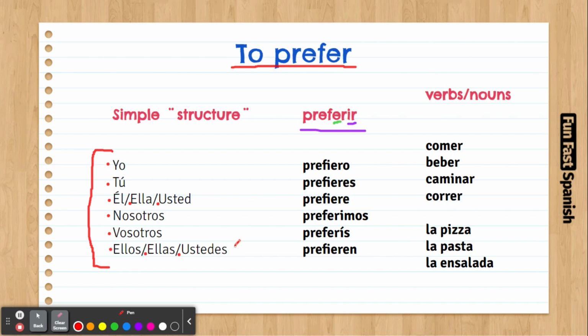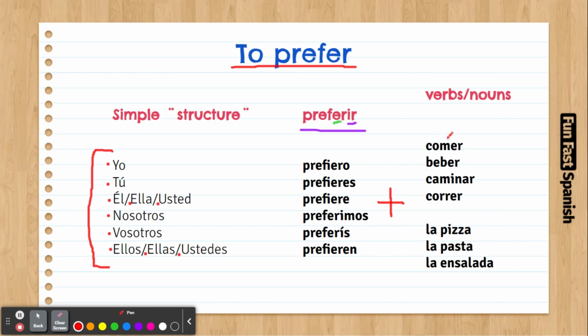That's it. After you prefer something, you can say a verb, an action: I prefer to do this, or I prefer to drink that, or I prefer to walk, or I prefer to eat. Or you can prefer a thing. So that's a noun. Let's have a look at verbs first.